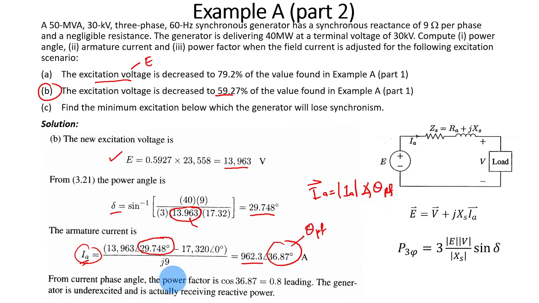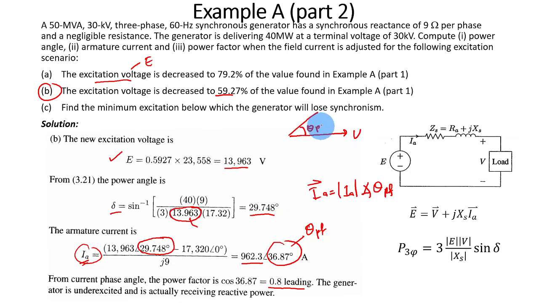Now because of 36.8 degrees, the machine is operating at 0.8 power factor leading. Why is it leading? Because you see this is a positive number. Remember that V here is always 0, but now you have an I of A operating this way, because the angle is positive.